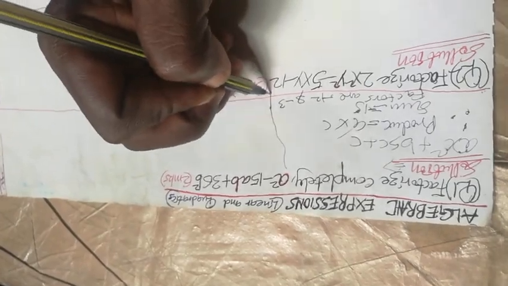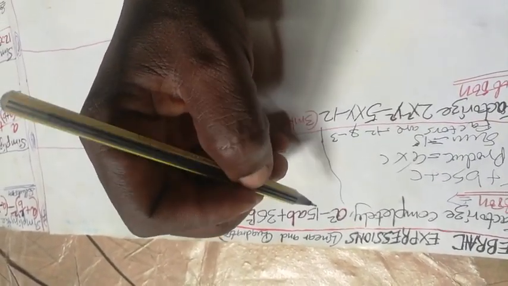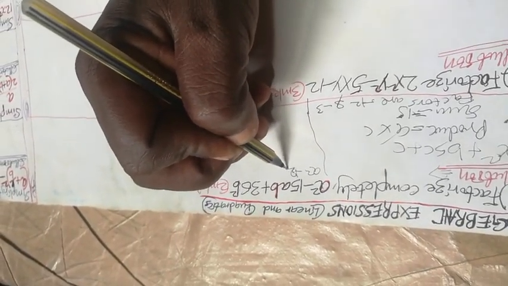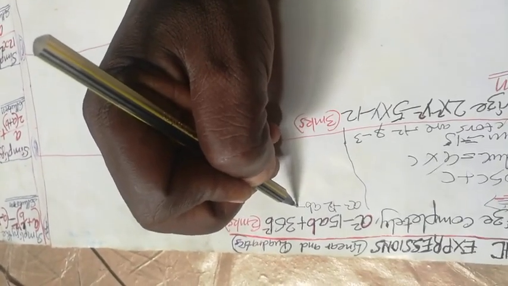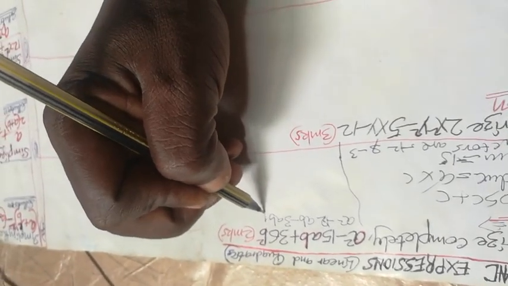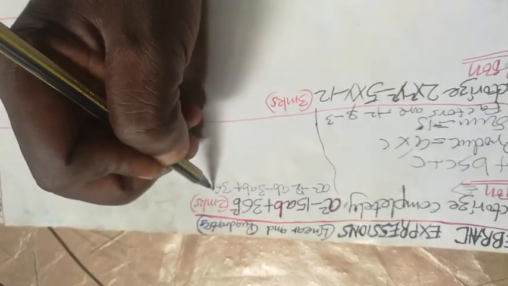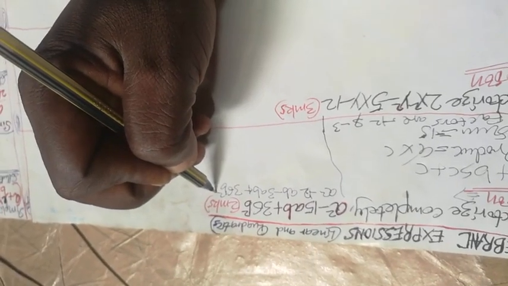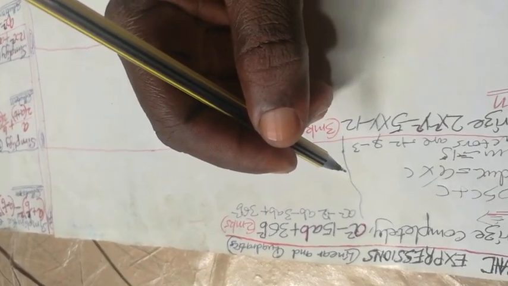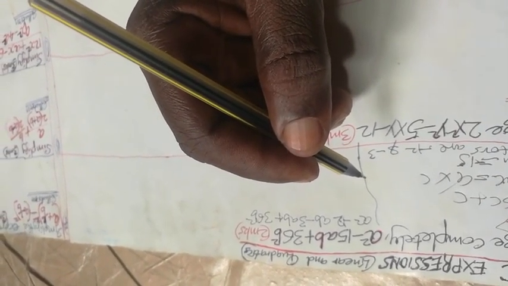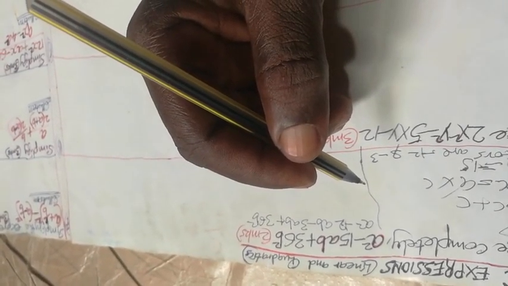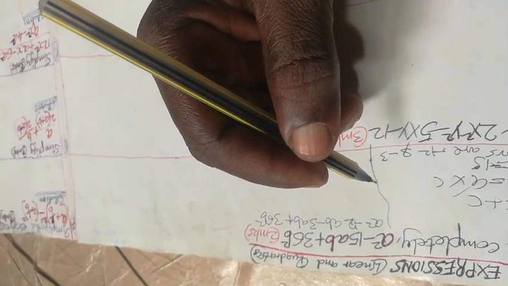Therefore we say a squared minus 12ab minus 3ab plus 36b squared. A is a common factor in the first part, and in the second part negative 3b is the common factor.